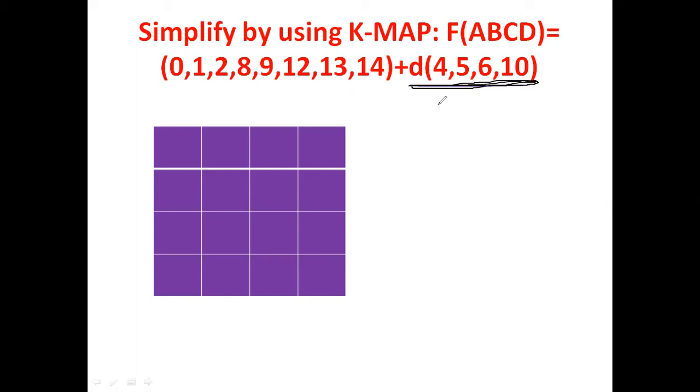I already explained in the Karnaugh map method of reduction with don't care. It means that whenever it is needed, you can take it. Otherwise, you can leave it at the time of grouping. According to that, we are going to solve this problem. It is similar to the previous one, nothing new, but only one thing: it has a don't care term.